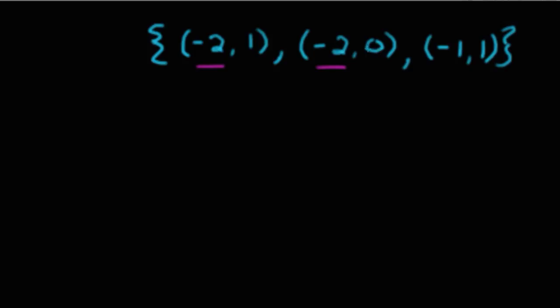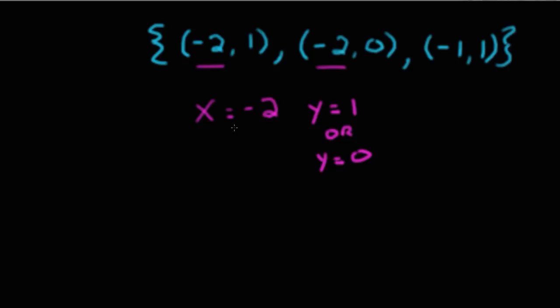So for when x is -2, y is 1 or y is 0. Because you don't have a one-to-one relationship, this is not a function. It has to be a one-to-one. So x is -2, y is equal to 1 or 0. So this is not a function.